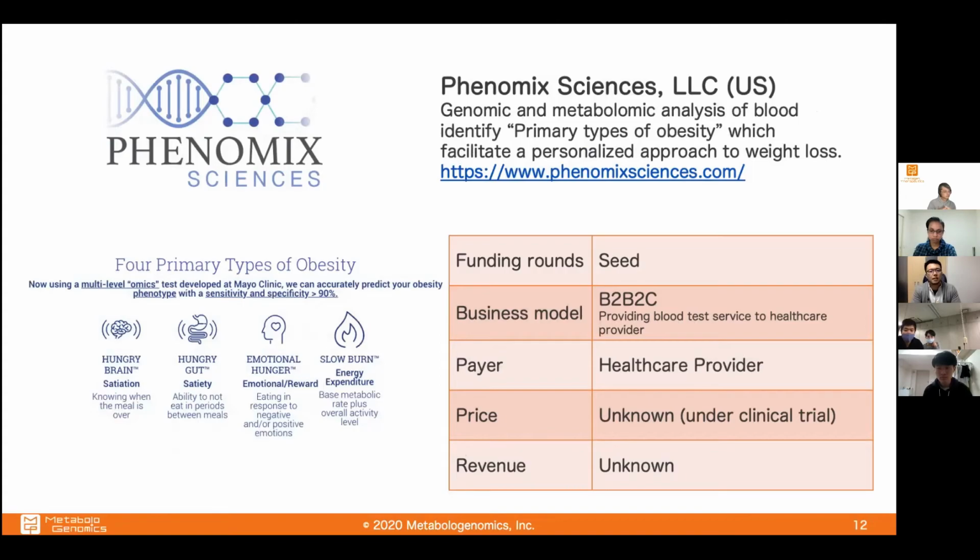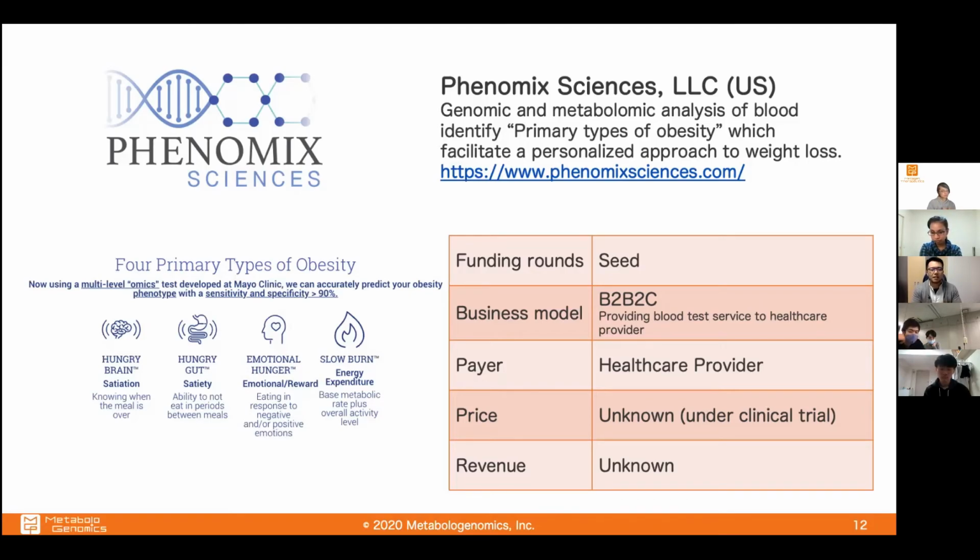What they're basically doing is providing a blood test to identify what type of obesity you have. So the obesity could originate from the brain, or be more gastric, or emotional, or more related to energy burning, according to them. So they will identify what type of obesity you have.